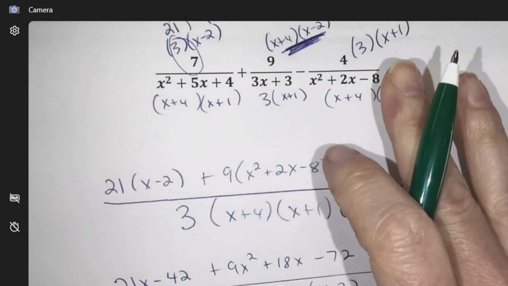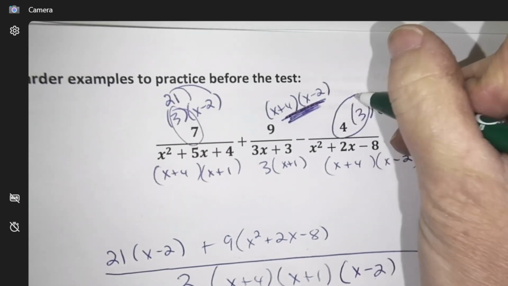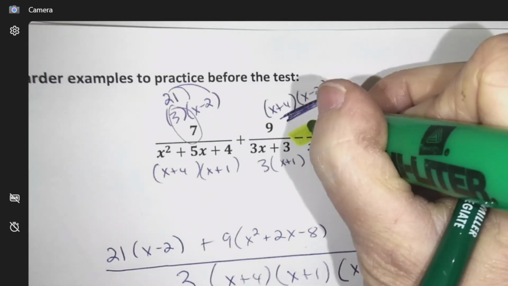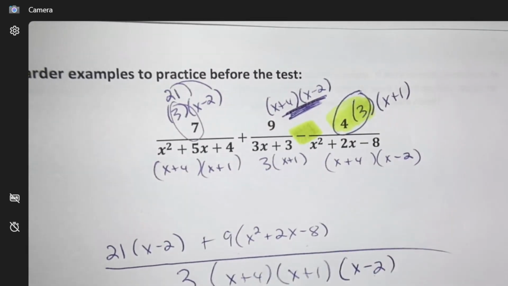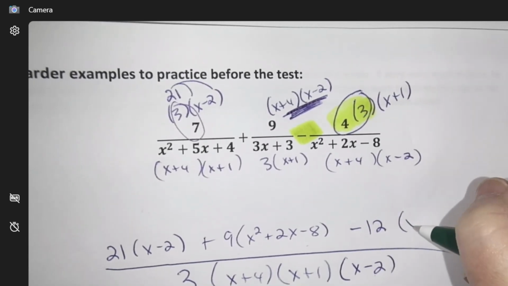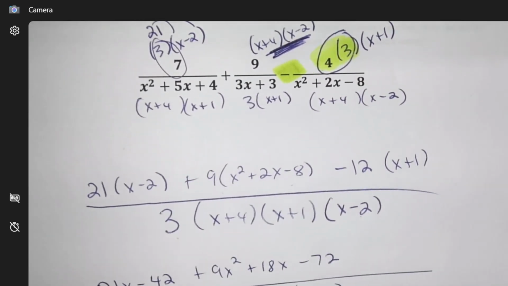Okay, and the last one, I'm going to pick those two to put together first, so the 4 and the 3. And you know what else I'm going to do? I'm going to remember that there's a minus on that one. So minus 12, and then times the third item.